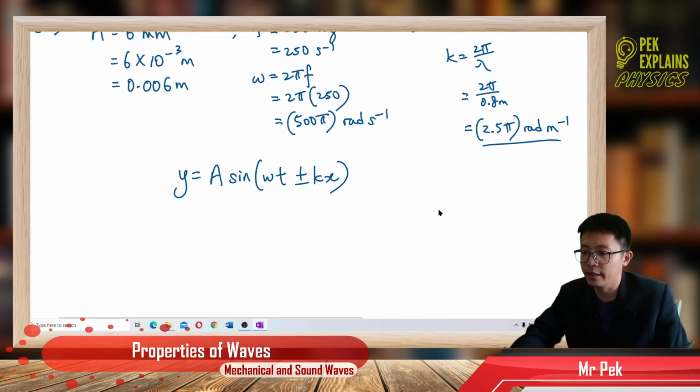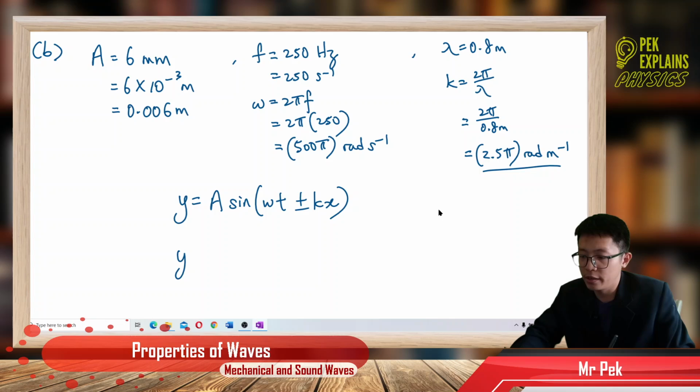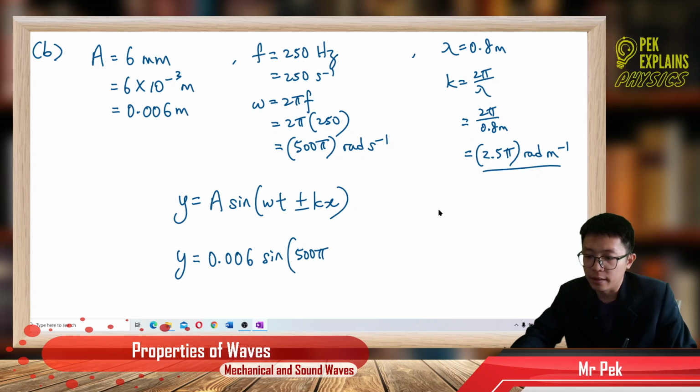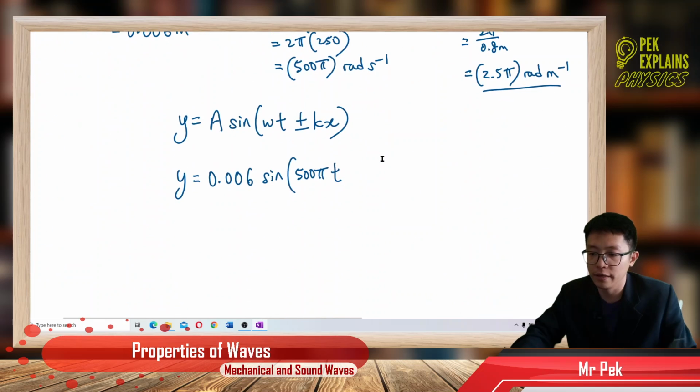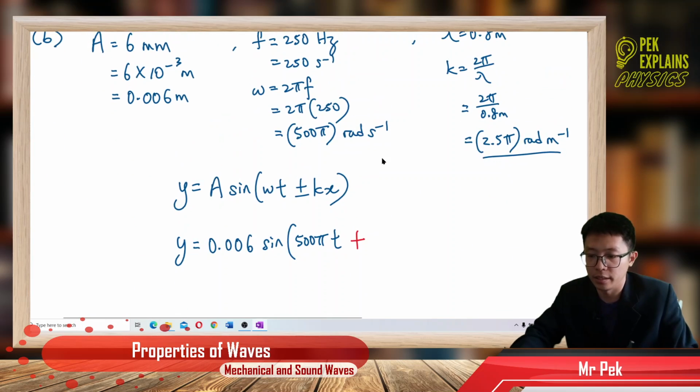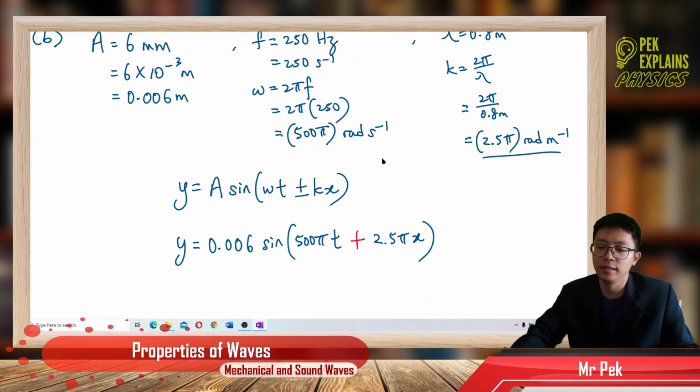Write it down: y equals 0.006, the amplitude in meter, sine of my omega 500 pi t, positive kx because to the left, and my k is 2.5 pi x.